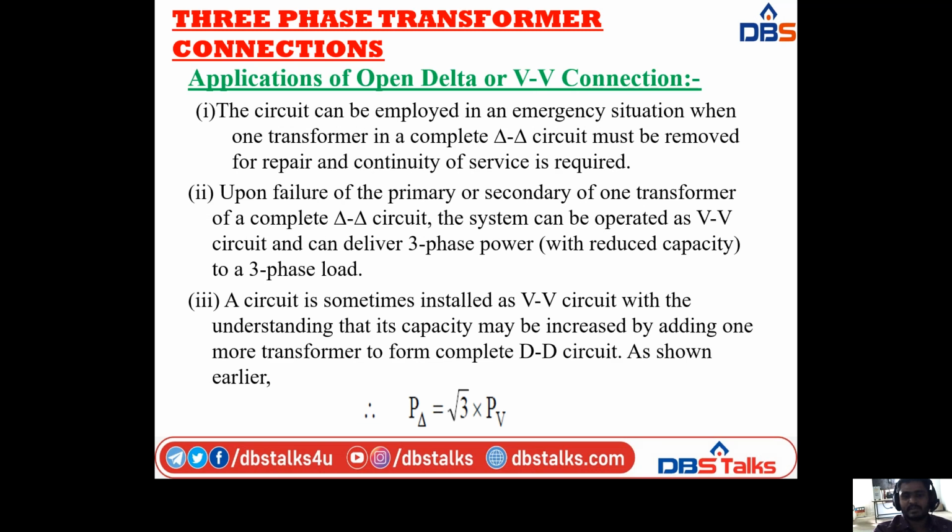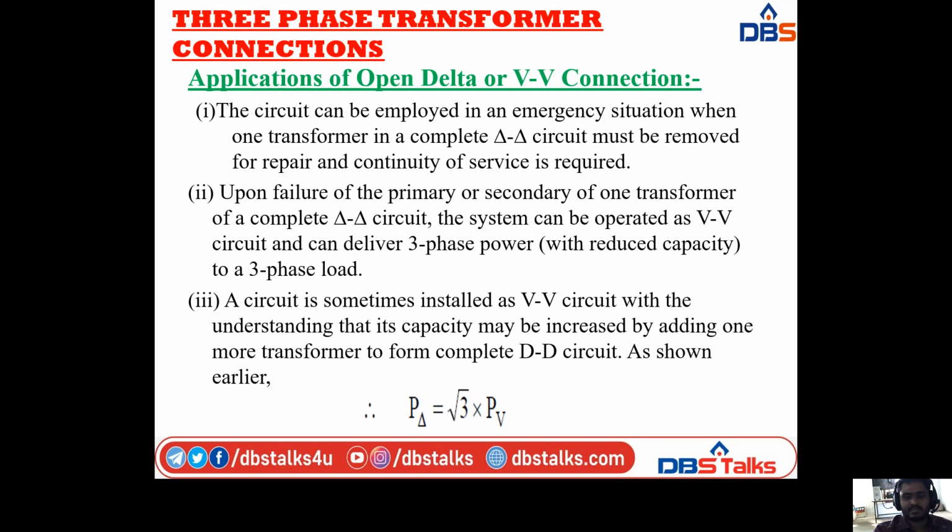So, coming to the applications of the open delta or V to V connection, the circuit can be employed in an emergency situation when one transformer in a complete delta to delta circuit must be removed for repair and continuity of service is required. Upon failure of the primary or secondary of one transformer of a complete delta circuit, the system can be operated as a V to V circuit, that is an open delta circuit, and can deliver three-phase power to a three-phase load.